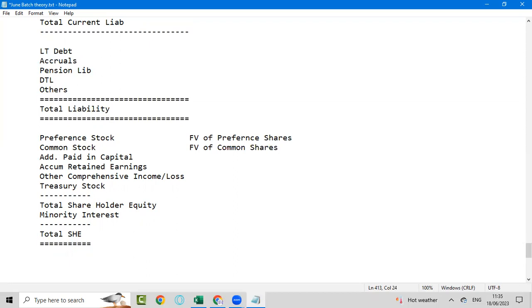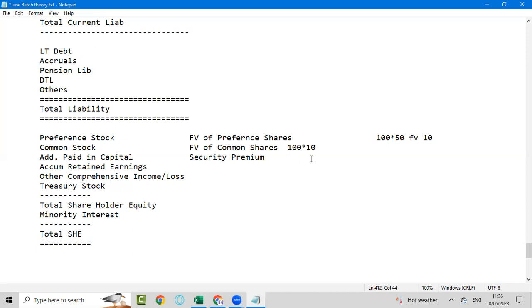Additional paid-in capital will have three items. One is security premium. Let's suppose you have issued 100 shares of 50 each, where face value of one share was 10. So what will be the common stock? 100 into 10.